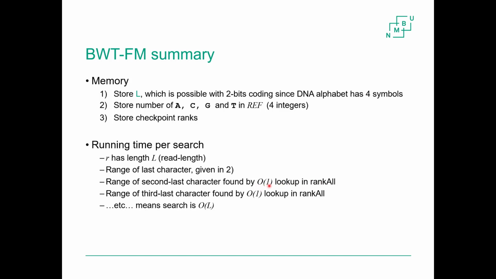I mean big O of 1, right? And then you have the rank of the second last character, right? And in order to find the rank of the third last character, it's again a lookup of order 1, or constant running time. And this means that you have to do this for the length of the read. For each symbol in the read, you have to do this, right? Which means the running time for the whole looking up of a read is big O of read length.